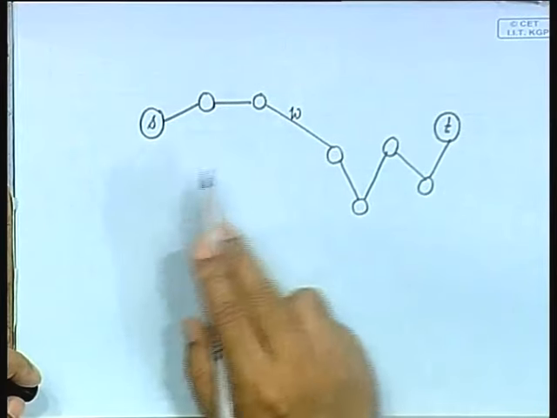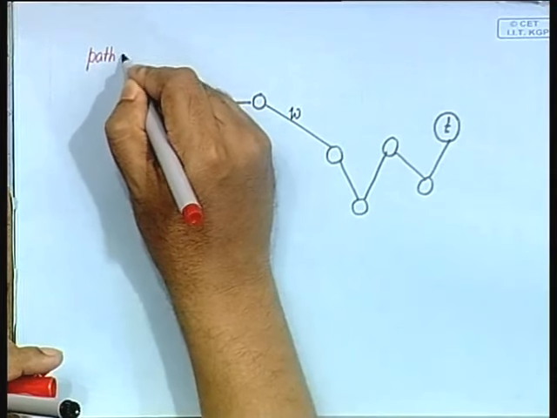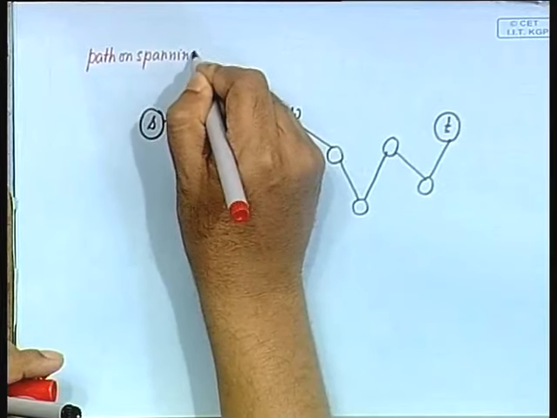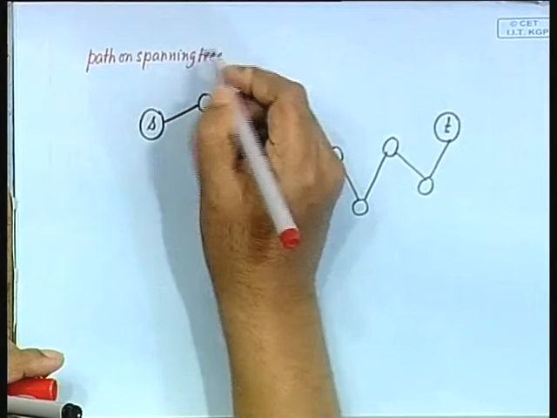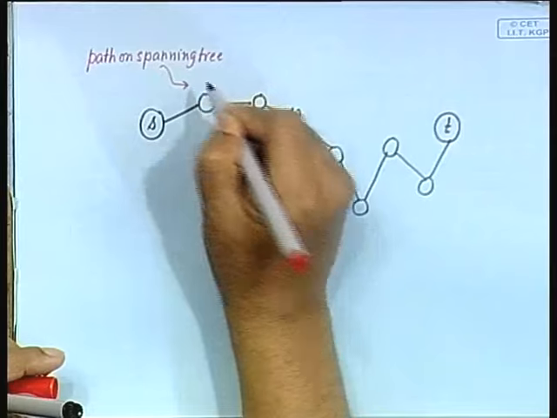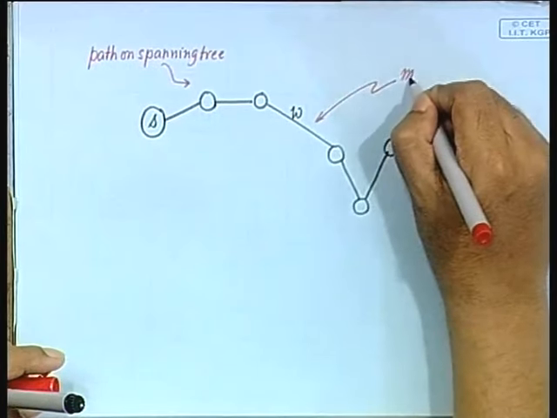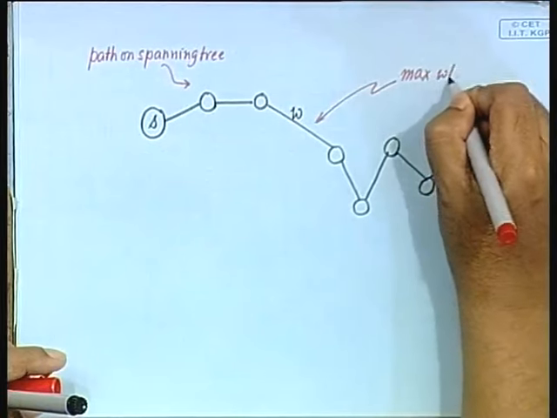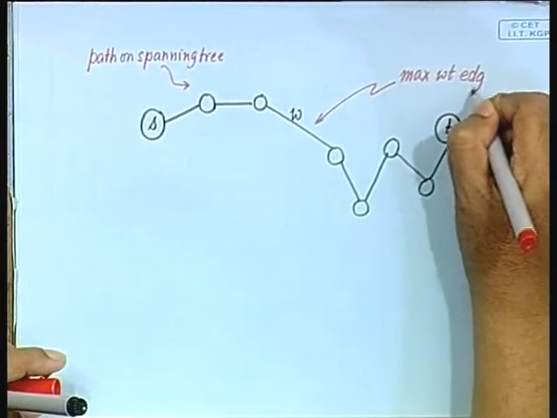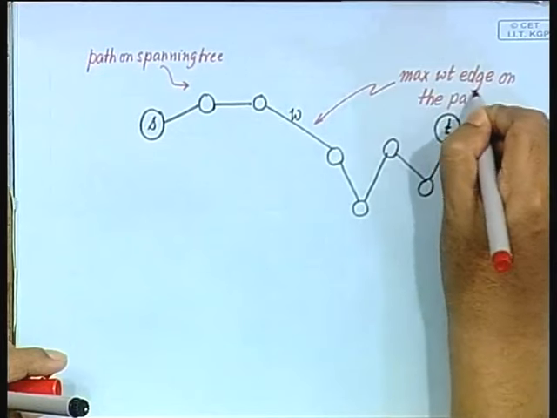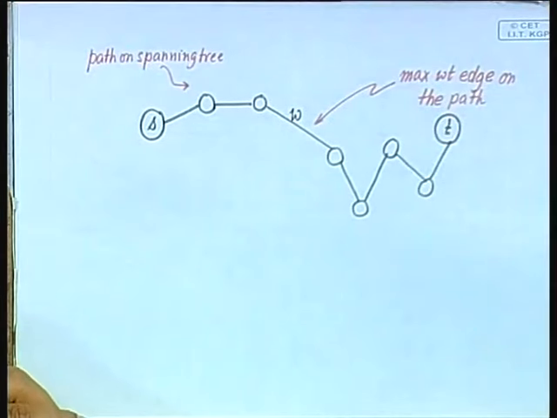So, this is the path on the spanning tree and this is the maximum weight edge on the path. Okay.